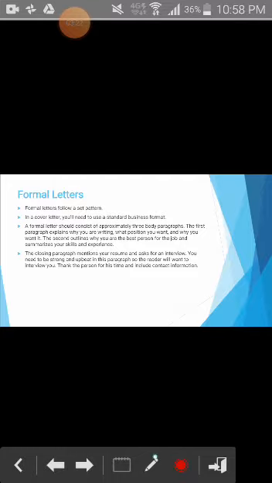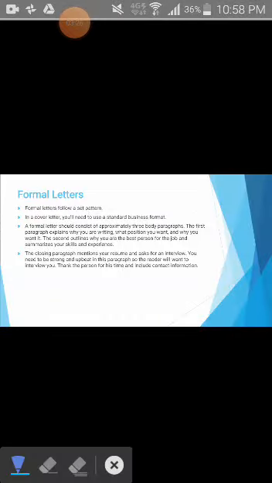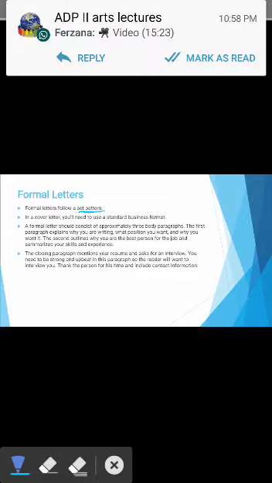Formal letters follow a set pattern. Now keep it in your mind, they follow a set pattern. Now you have to worry about a format. There must be a pattern in the letter writing. There must be a format in the particular letter writing.